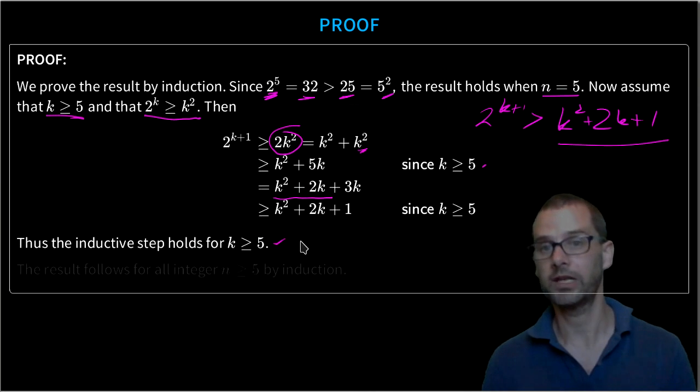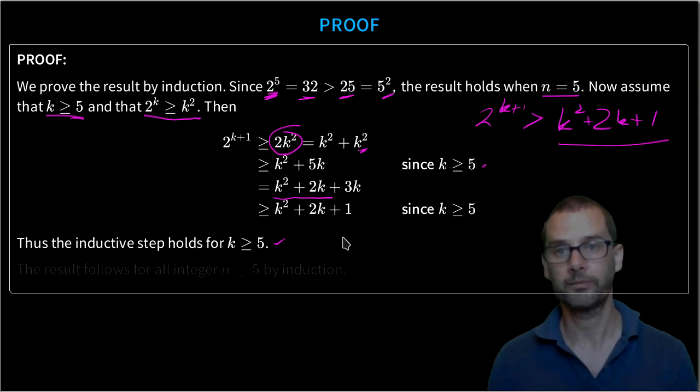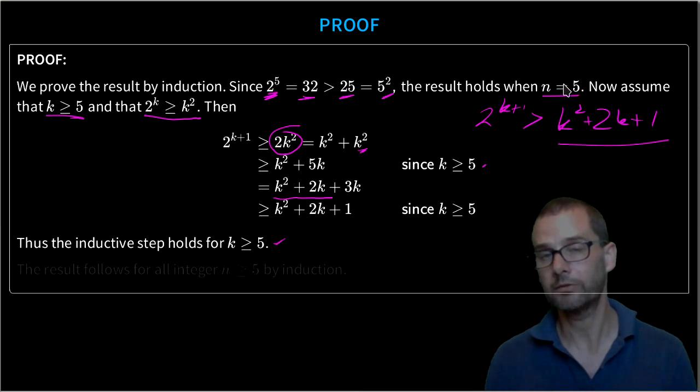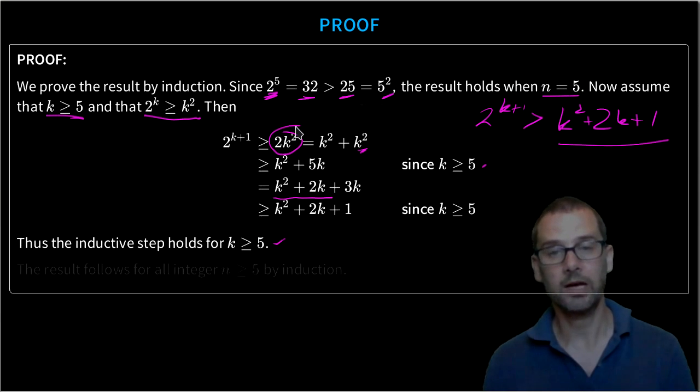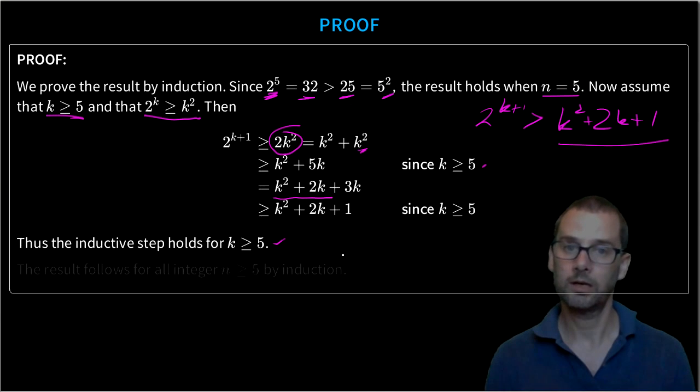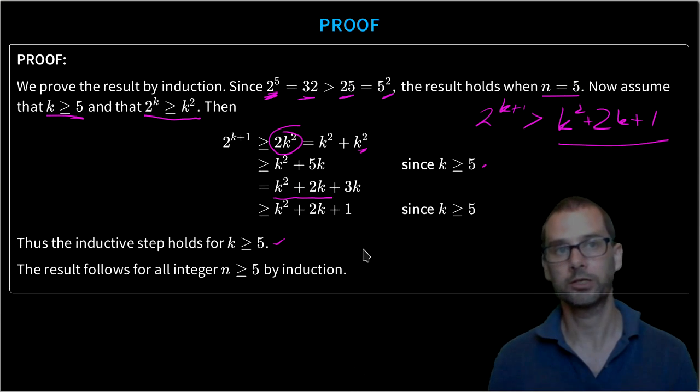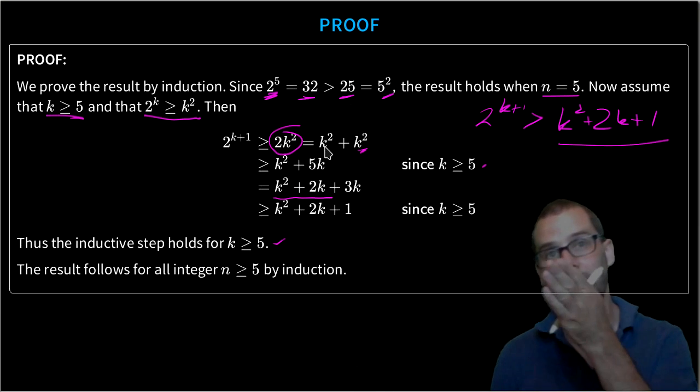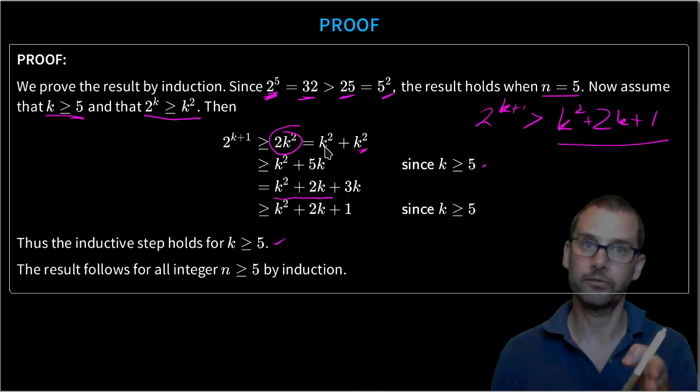So the inductive step holds for k bigger than or equal to 5. So we've shown the base case when n equals 5 is true, and that P of k implies P of k plus 1, and so the result holds by induction. This is just a regular induction proof. Really the only difference is that instead of starting at 1, we've started at 5.